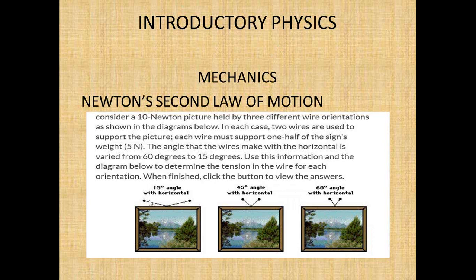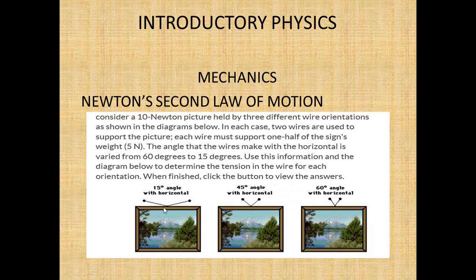So you can hang it so that the angle to the horizontal is 15 degrees, with two hooks. Or you can make it so that the angle to the horizontal is 45 degrees, or 60 degrees. Okay? So in each case, 2 wires are used to support the picture.